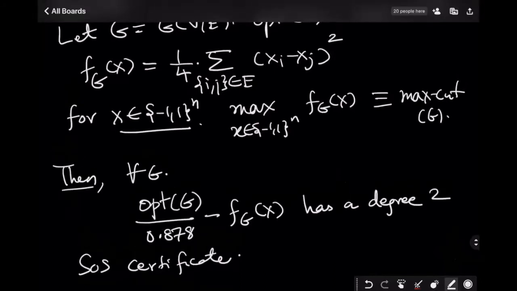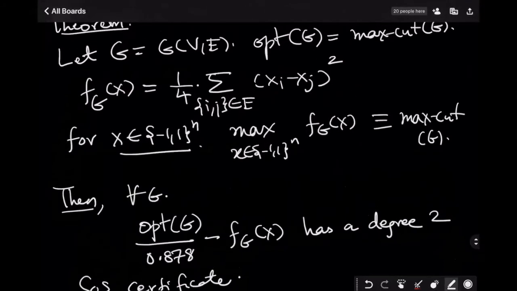Okay, so let's bring it all in one screen. So what are we saying? Maybe your first goal was to compute the maximum cut in graph G, but let's say for a second you relax your goal to just finding certificates that bound the size of the maximum cut in the graph G. So you're trying to prove that F_G(X) is at most some number C. Now, what's the best possible certificate you can hope for?